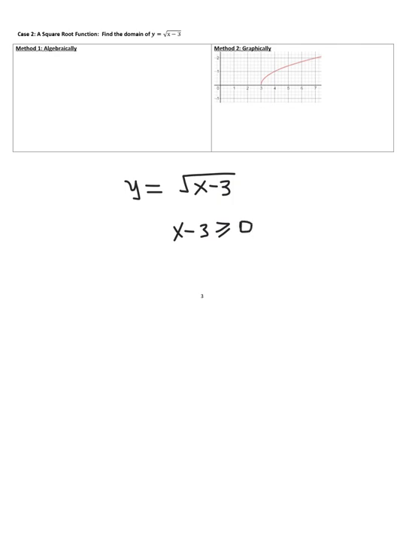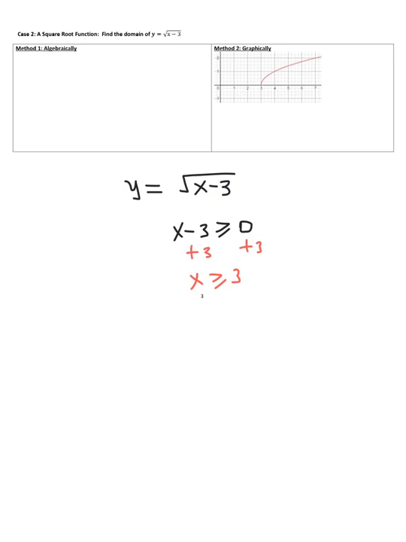It could be 0, because the square root of 0 is 0, but it cannot be negative. So 0 or more. If I solve this, I'm going to add 3 on both sides, so I get x is greater than or equal to 3.